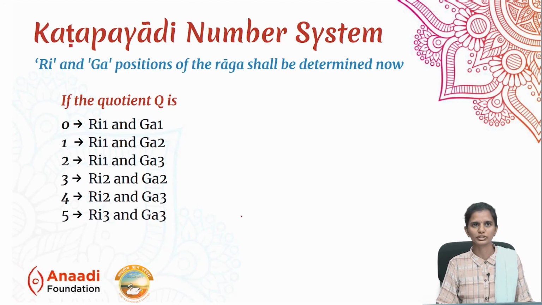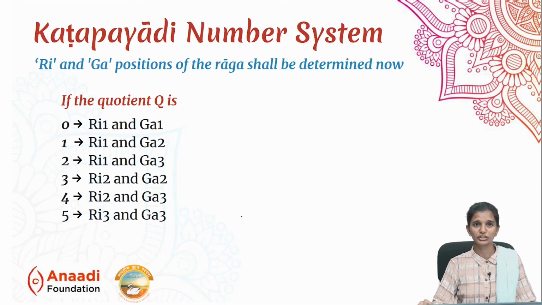Depending upon the quotient, we will now determine the positions of Ri and Ga. Remember, n will always be less than 36 because we have already reduced it by 36 in the previous step.